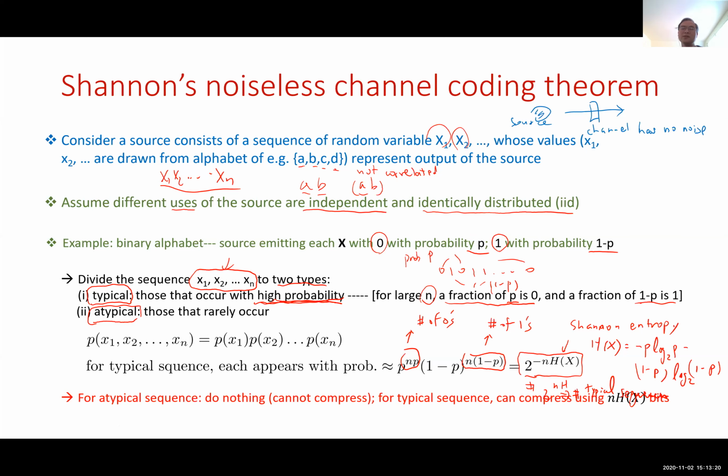But R is a number that you try to encode with. So if you use 2 to the n times R objects to encode, and this number is greater than the number of typical sequences, then you can, of course, reliably encode that, right? You have more that you can assign to. So that intuitively shows that I can reliably encode that, even though I did not tell you how to do that.